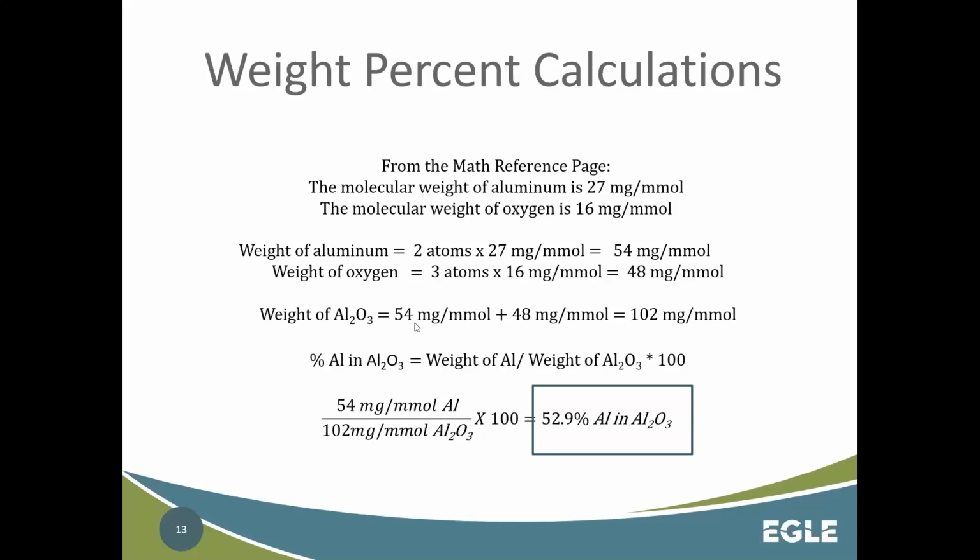So the total weight is 54 plus 48, which is 102 milligrams per millimole. And now we'll divide the weight of the aluminum by the weight of the aluminum oxide, and we'll multiply it times 100 to get our percent. 54 divided by 102 times 100 is 52.9% aluminum in aluminum oxide.